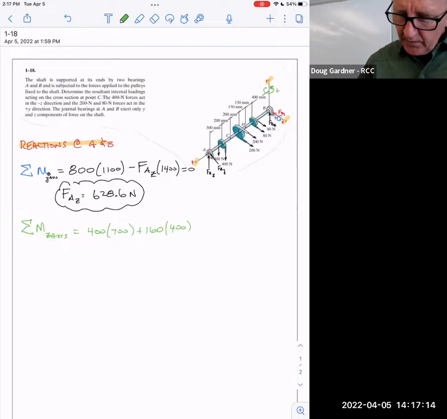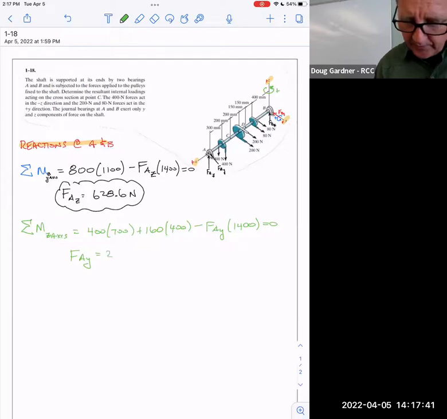And then lonely over there by itself, force of AY is trying to defeat it, trying to get it to rotate in the other direction. So force of AY, and it's all the way across again, just like last time. So it's 1400. And that's got to be 0. And that comes out to force of A in the Y direction being 245.7 newtons.